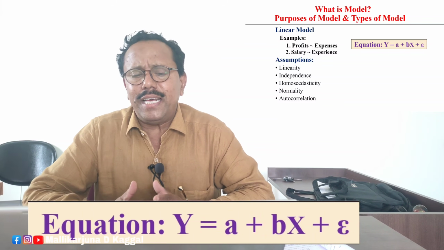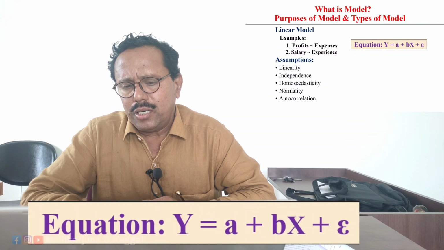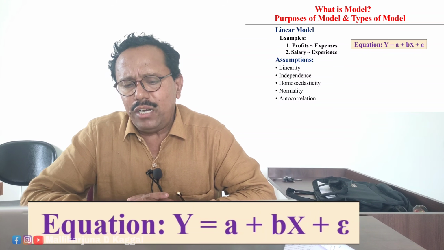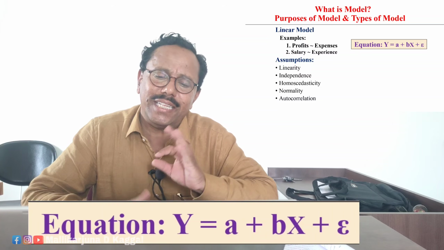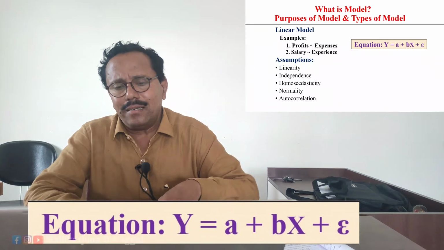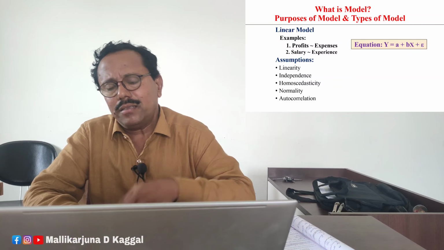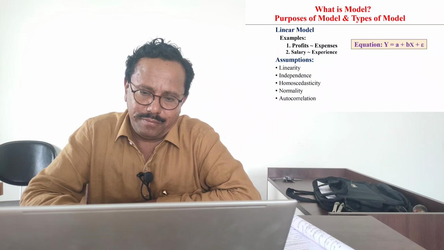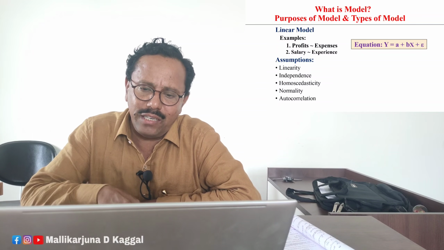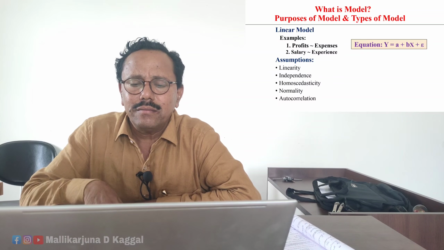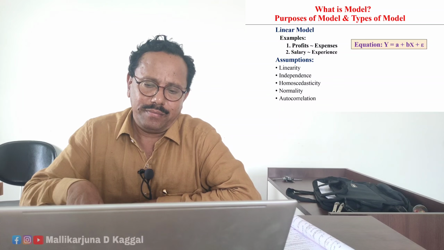This can be explained very easily. The dependent variable is influenced by three things: one is internal, second is external, third is unexpected. One is internal events, external events and unexpected events.